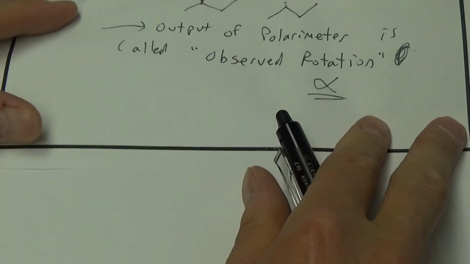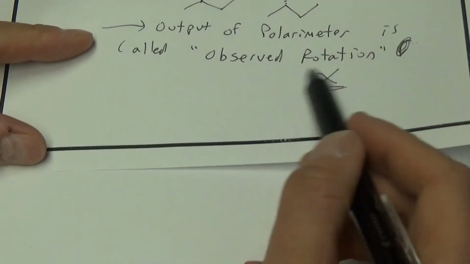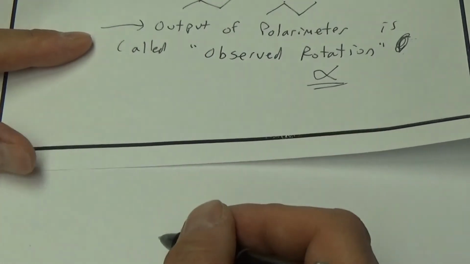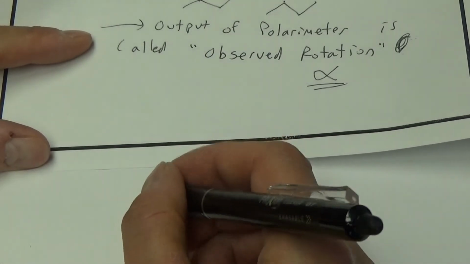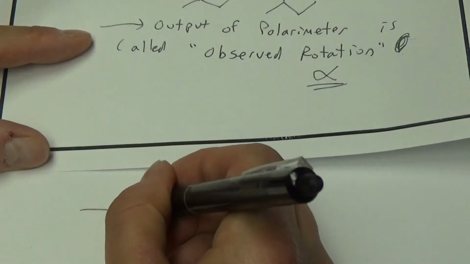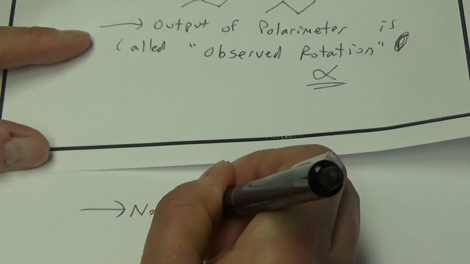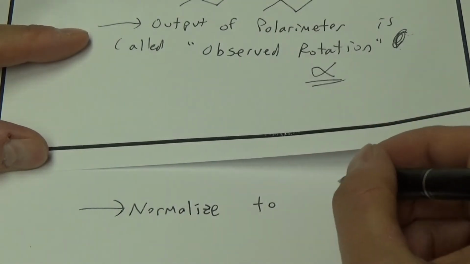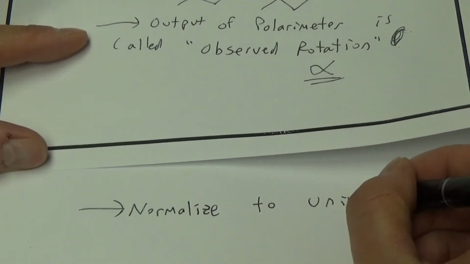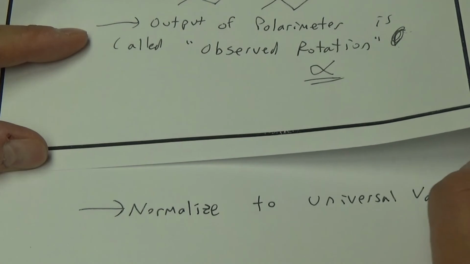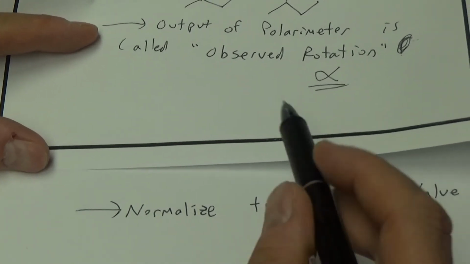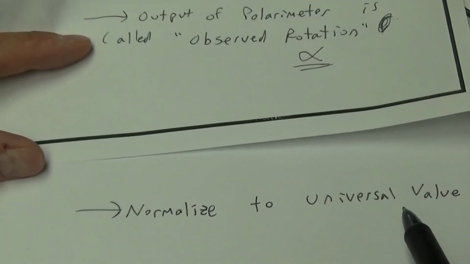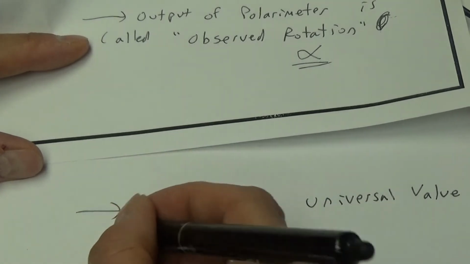So we normalize the observed rotation, and by normalize I just mean we apply a little correcting formula, to a universal value that is called the specific rotation.